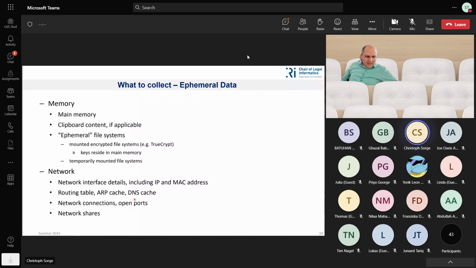And DNS caches are really quite relevant. Within the corporate network, you might have a DNS cache on your own computer. So that way you see with which domains your computer has communicated. But you can also look at DNS caches within the network. So a corporate network or your ISP's network will have DNS cache servers that you are going to ask first.